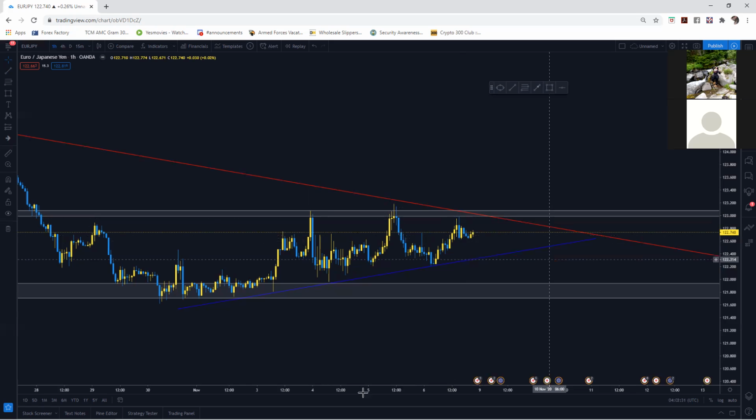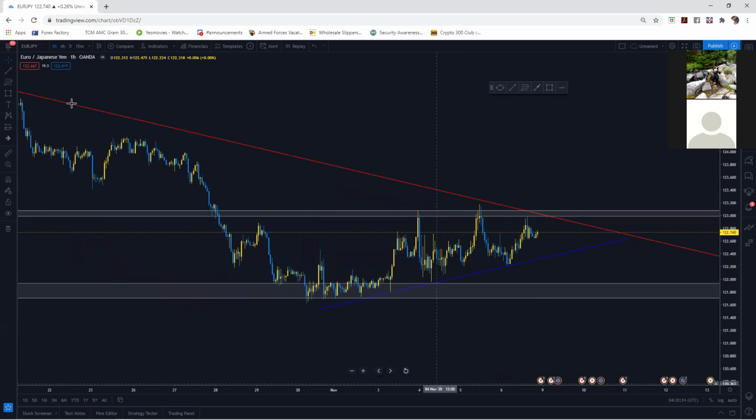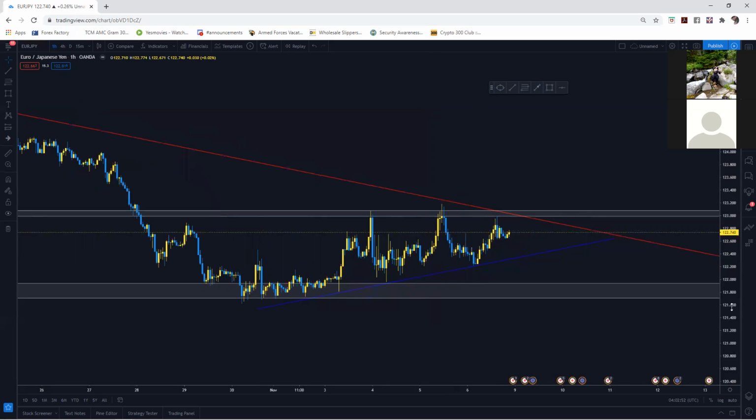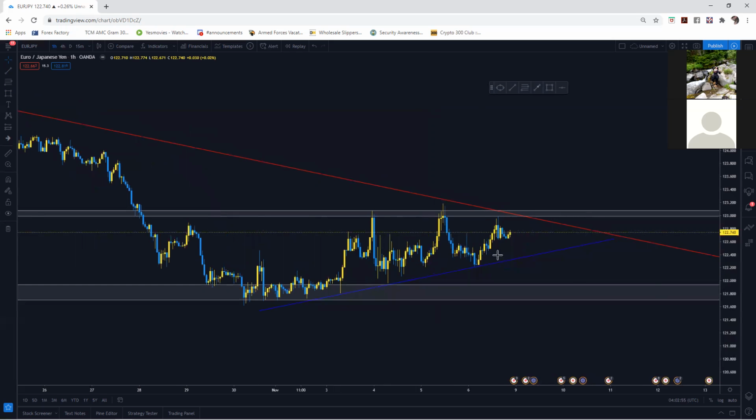I'm already thinking of a sell because we have our red bearish trend line, and then I'm thinking of a sell because it's at our resistance. And a third confirmation for a sell would be that this is a triple top. Okay. So now my mind is set on a sell for Euro JPY.